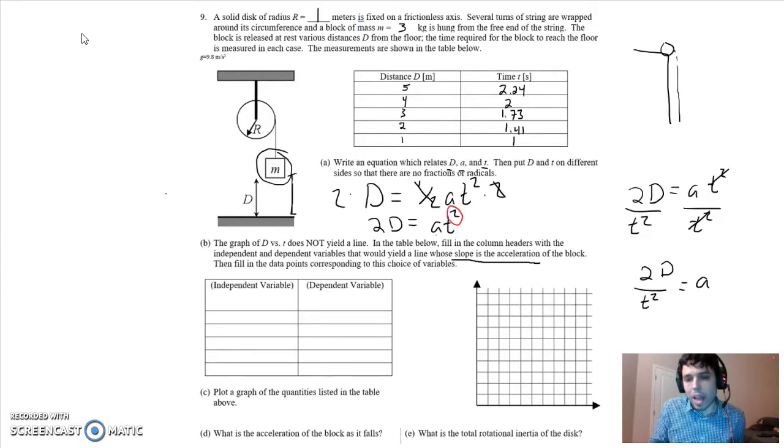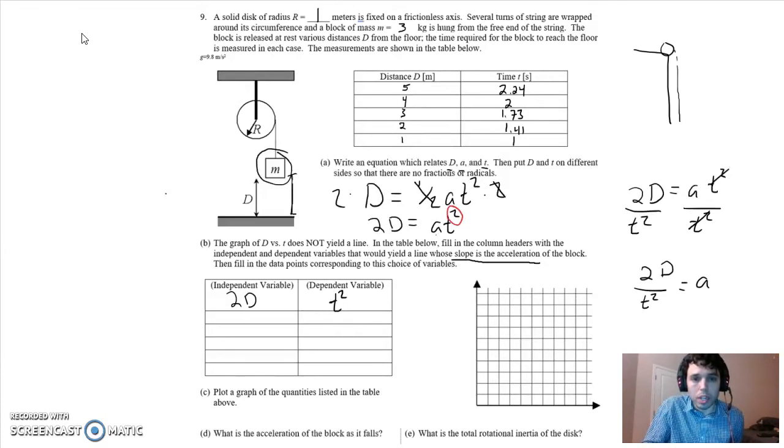If I were to graph 2d as my independent variable, because we're controlling the height, we decide how high we release the mass from, so it's independent. And the time squared, that's dependent. It's dependent upon the height. If we were to graph this, wouldn't the rise be 2d and the run be t squared, which would yield the acceleration? All right, so that's the case here.